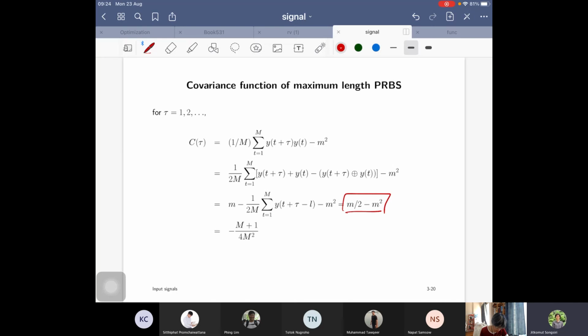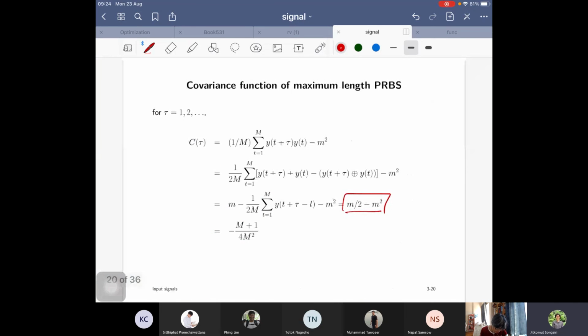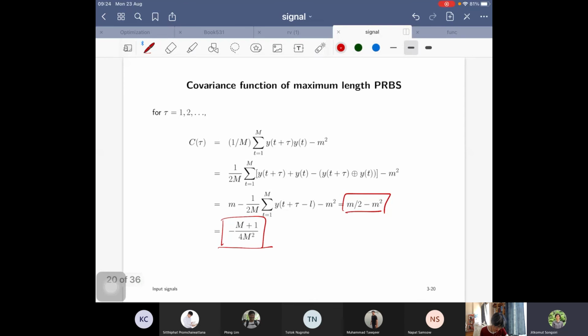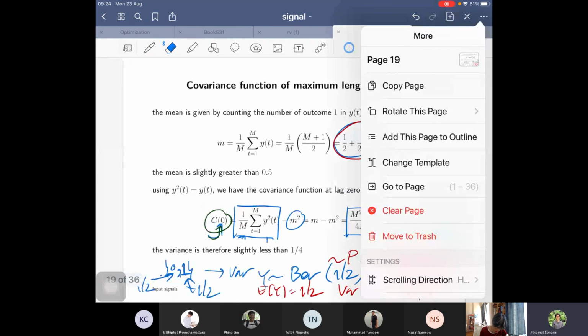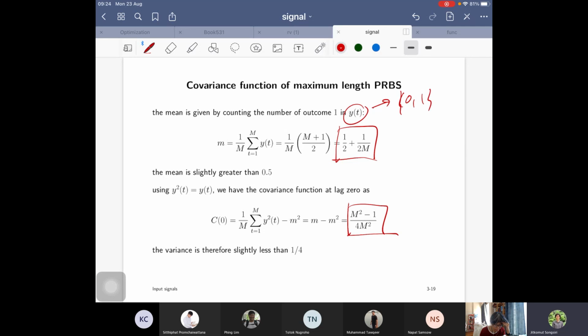And you just plug in the expression of small m from this one, and you get this result. All right, so let's sum it up. We take a look at the red box. This is a PRBS sequence whose output is currently either 0 or 1.